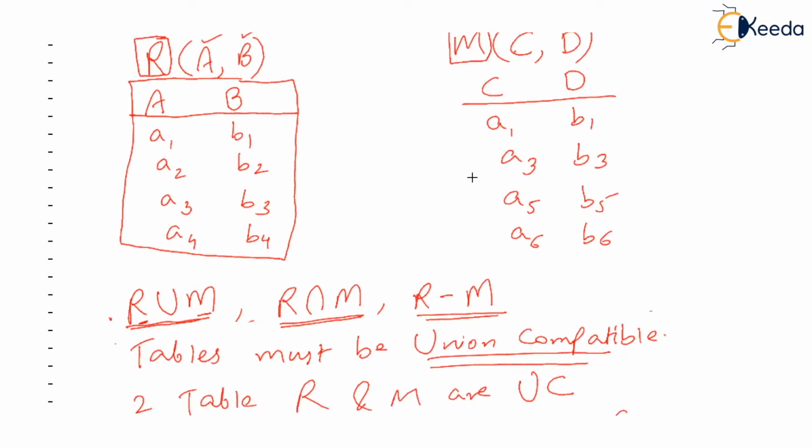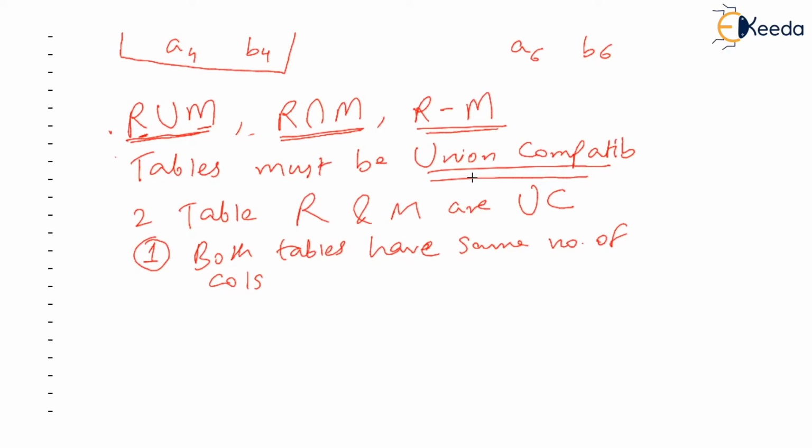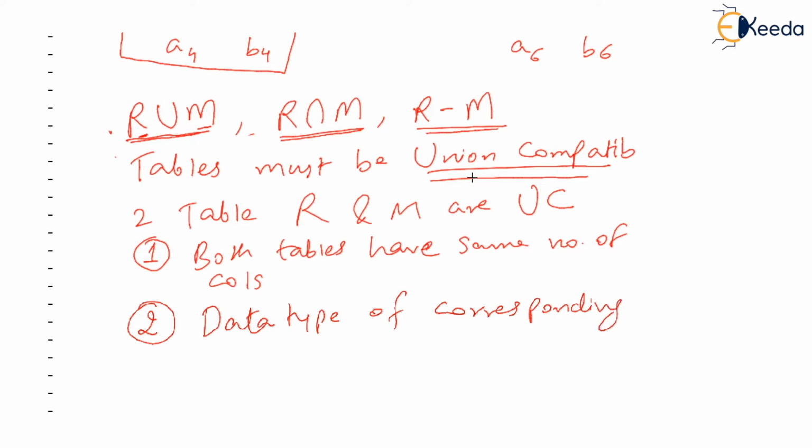Okay, so we have passed the first test at least, that they can be union compatible. The second rule is that both these tables R and M should have columns in such a way that the domains of those columns must be same. That is, in short, a programmer may write this as data type of corresponding columns must be same. We can say this is domain to which the columns belong.